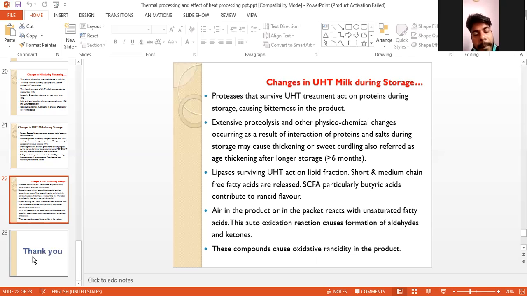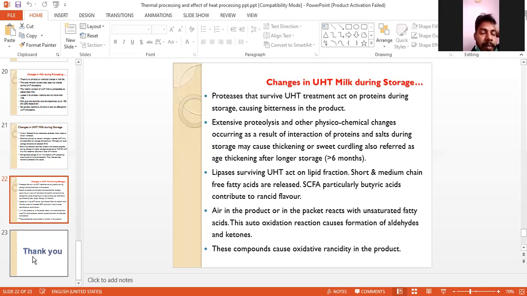The lipases act on the lipid fraction. Short chain and medium chain free fatty acids are released, and they create a rancid flavor in the UHT milk. Short chain fatty acids, particularly butyric acid, are responsible for the rancid flavor defect in the UHT milk.